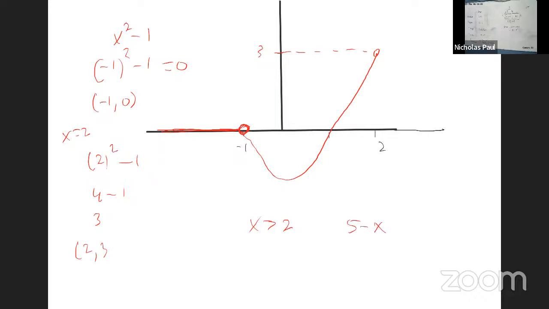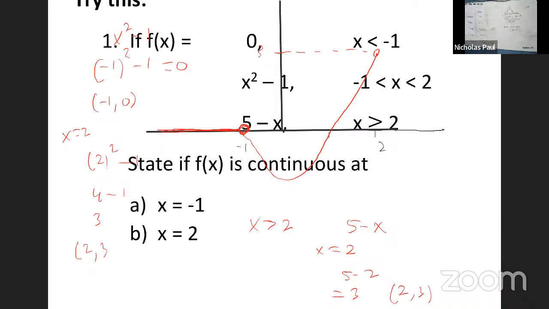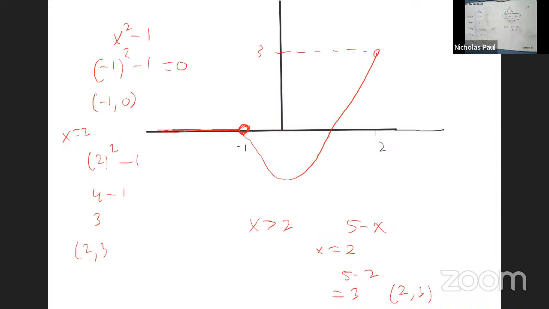So let's plug in x is 2. When x is 2, we'll get 5 minus 2, which is 3. So my first point is 2, 3. Is it defined when x is more than 2? Yes. So when x is 2, y is 3, solid.